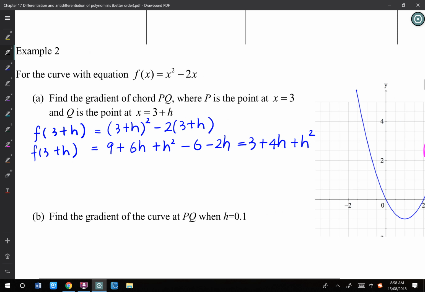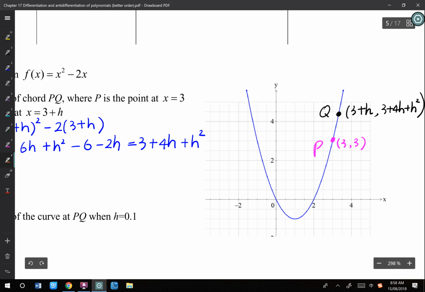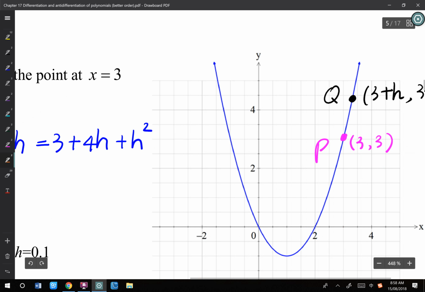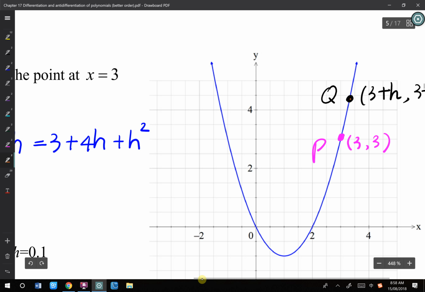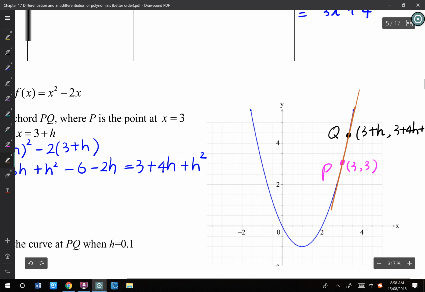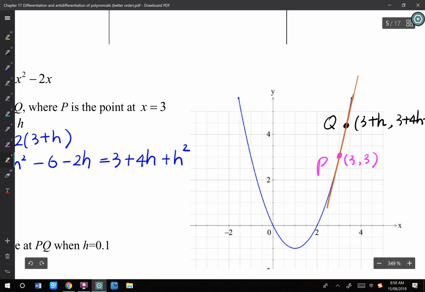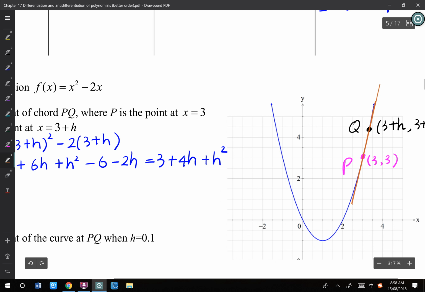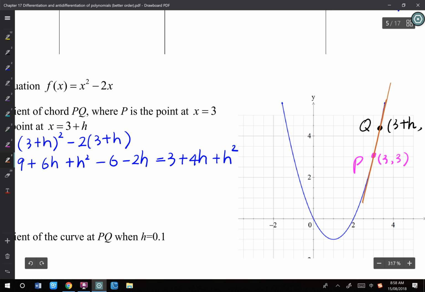So what do you want to find? You want to find the gradient of the chord connecting those two points. Well, see if we can connect those two points. Okay, you see this yellow line here? I want to find the gradient of that line. Well, average rate of change.